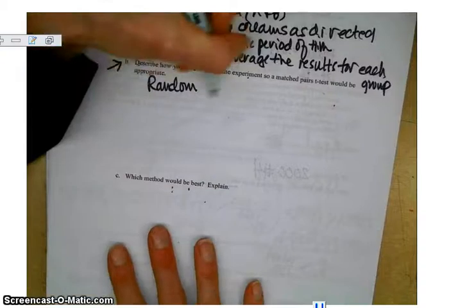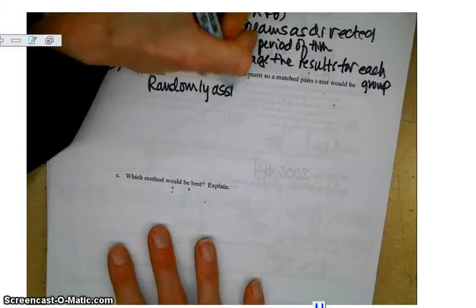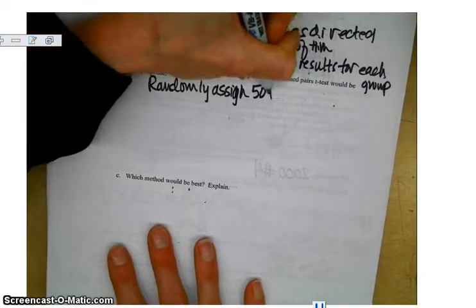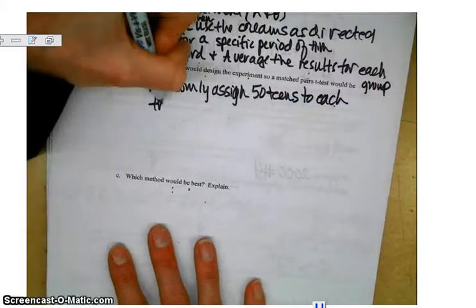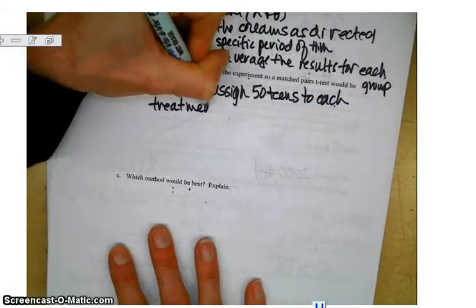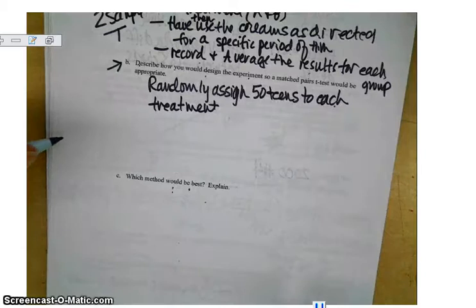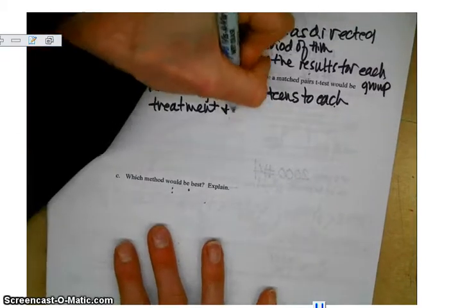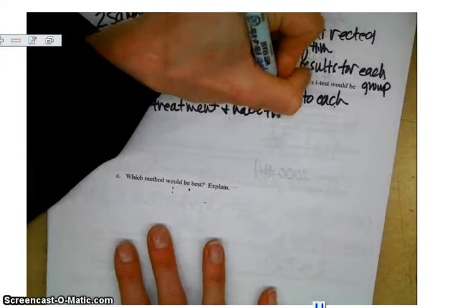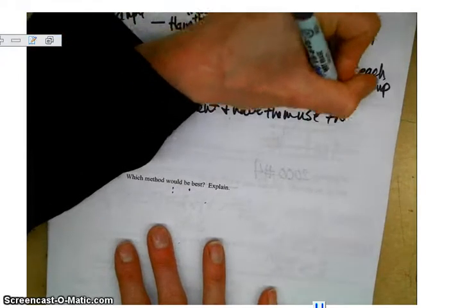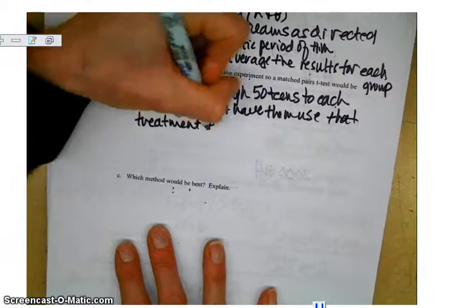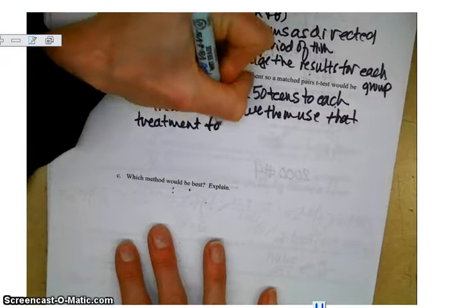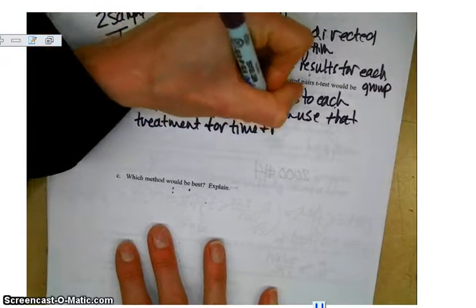So could you randomly assign 50 teens to each treatment and have them use that treatment for a time and record results?